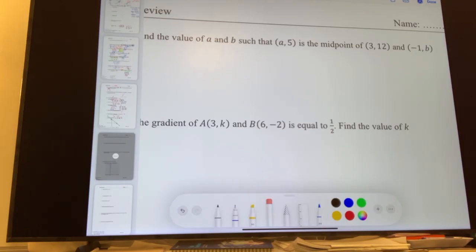So this is in bracket, and they told you that the midpoint is this. So that means A, 5 is there.